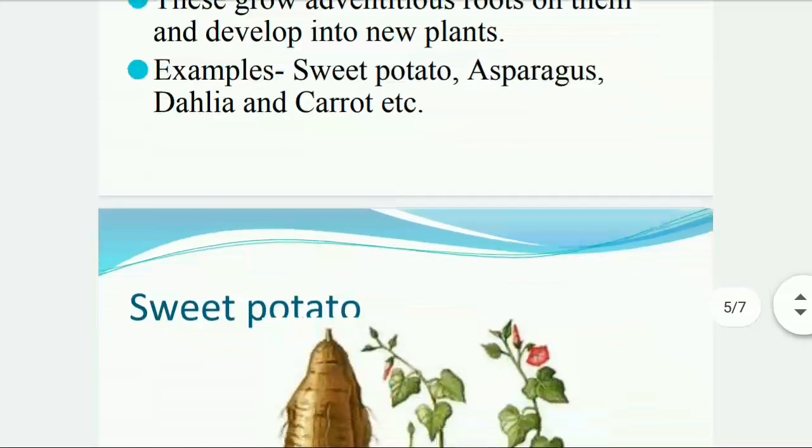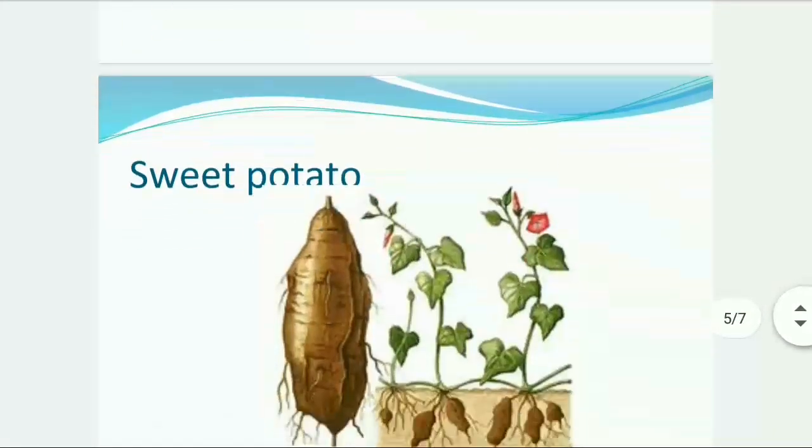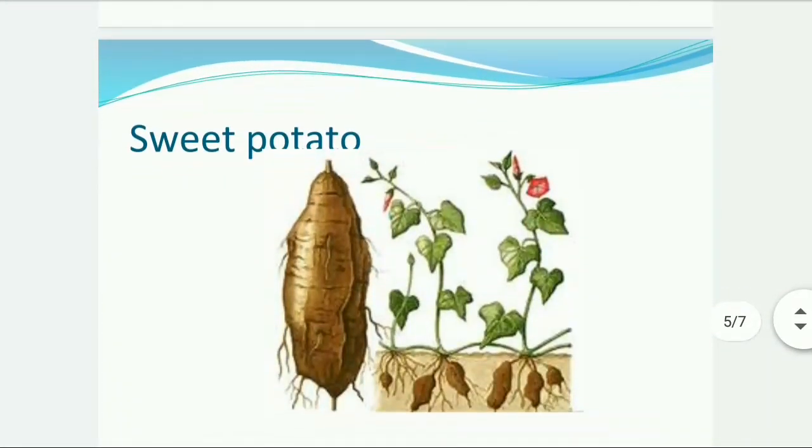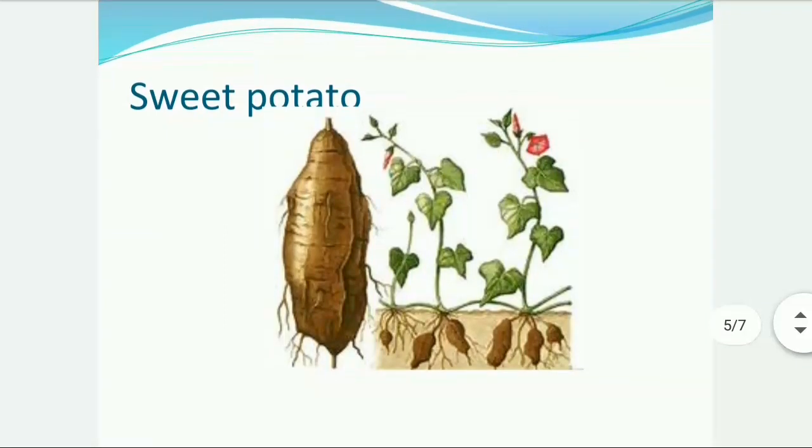You can see here it is a sweet potato plant, and you can see these roots coming out of the sweet potato, and when they are grown in the soil, they are capable of growing into a new independent plant. In dahlia, the roots need to be planted along with the buds to grow into independent plants. And in carrot, there are buds just above the swollen taproot.